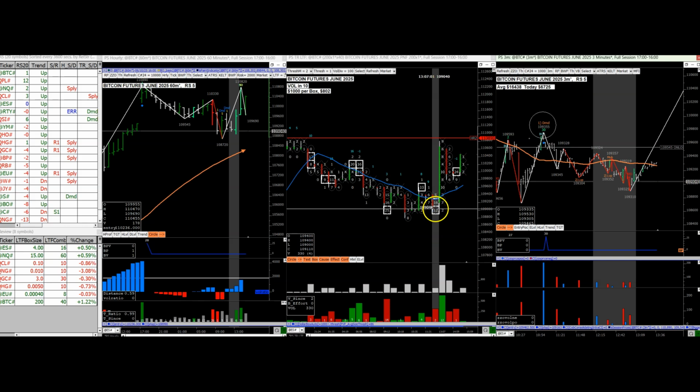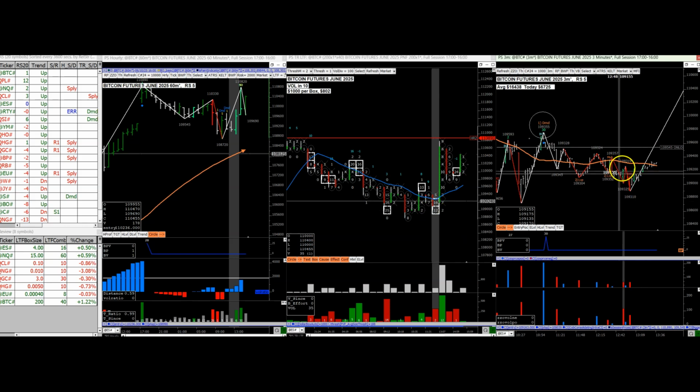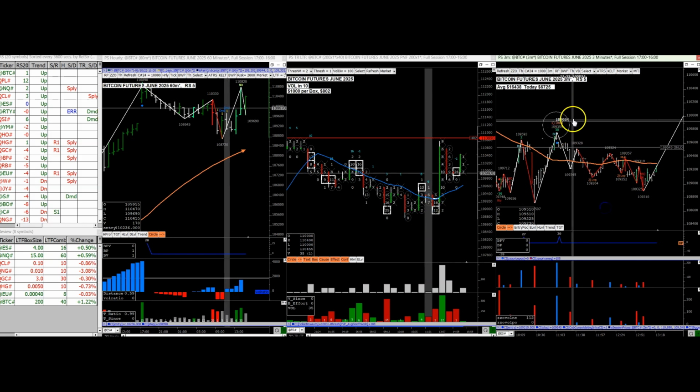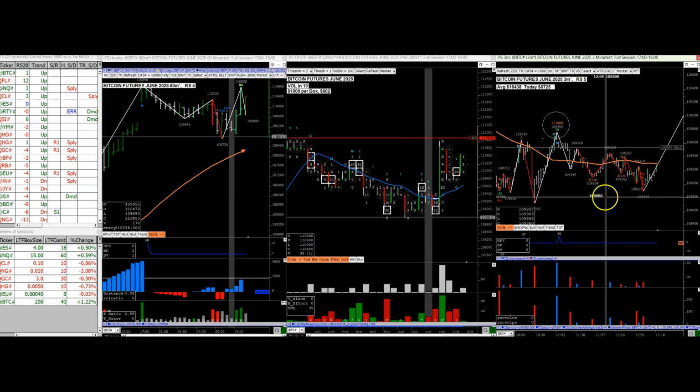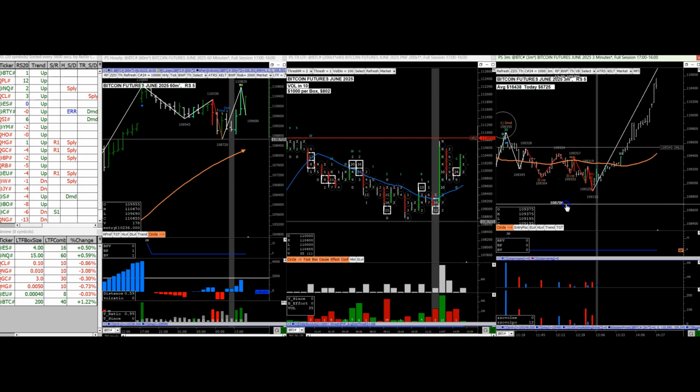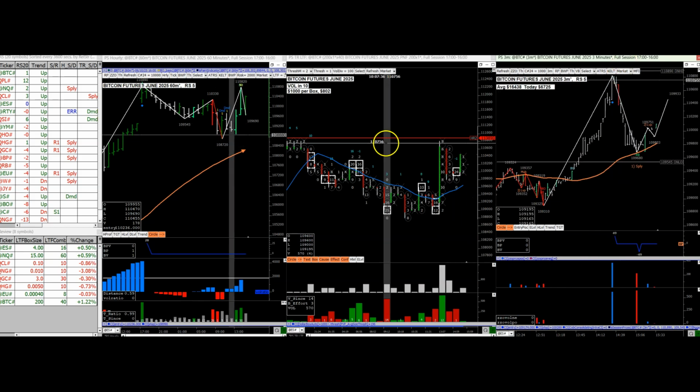This is some reaccumulation here. See this? This is actually demand on the way down, where you have significant demand but it's unable to push price. Why? It's reaccumulating here. So demand, biggest in 30 waves. Wow. And then bang, goes straight up.